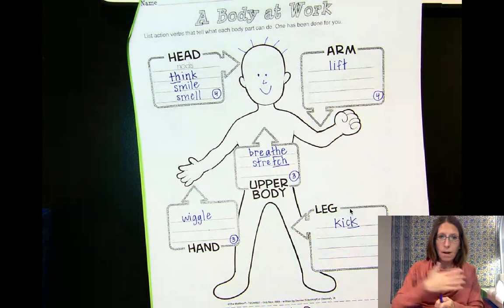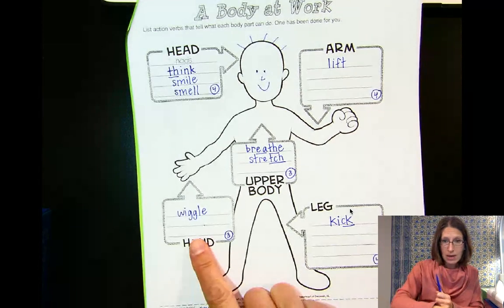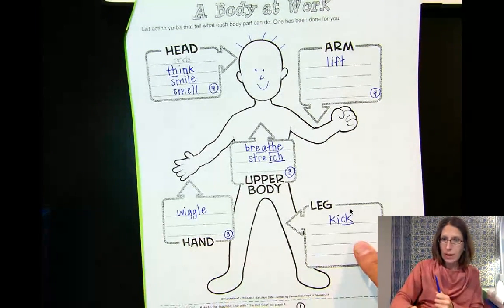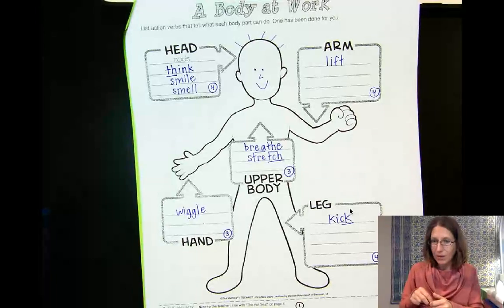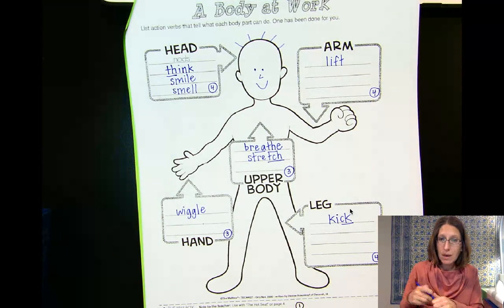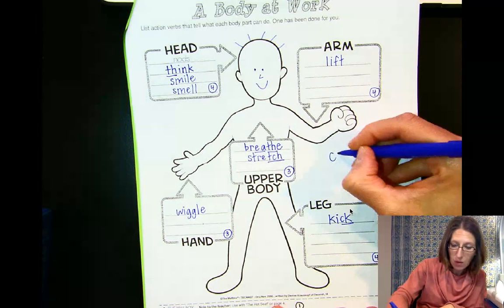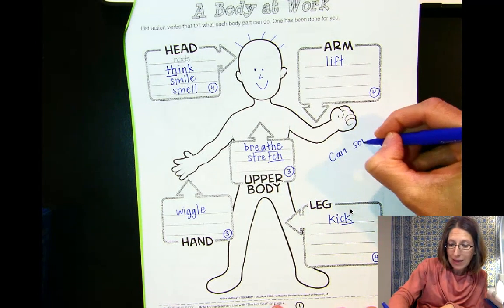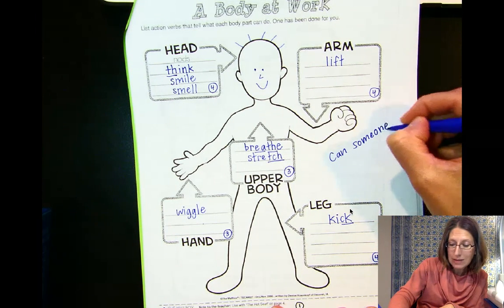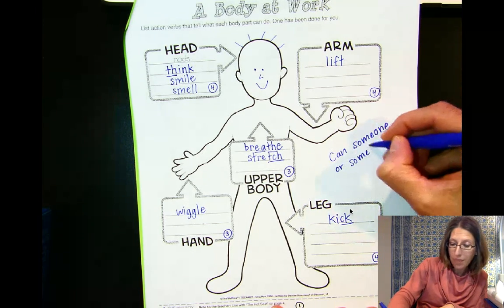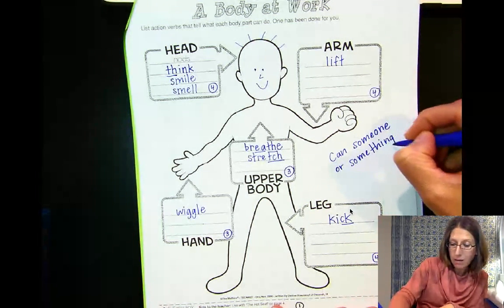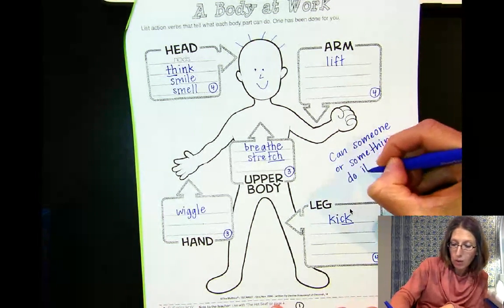What can your upper body do? What can your hands do? What can your leg do? So your job is to see if you can finish by filling in these action verbs. And remember, if you're not sure if it's an action verb, you can ask this question: can someone or something do it?